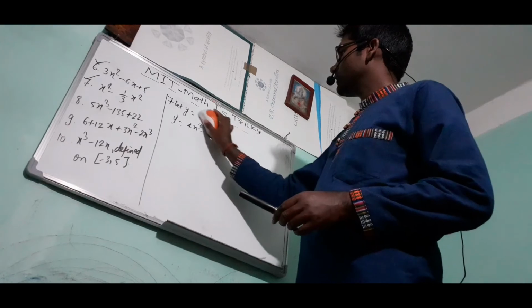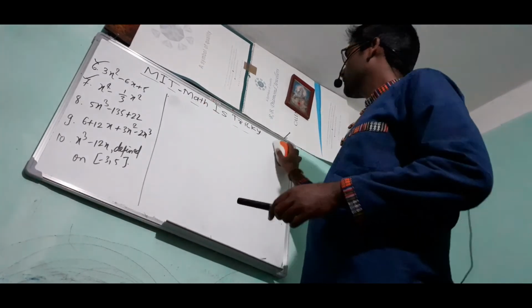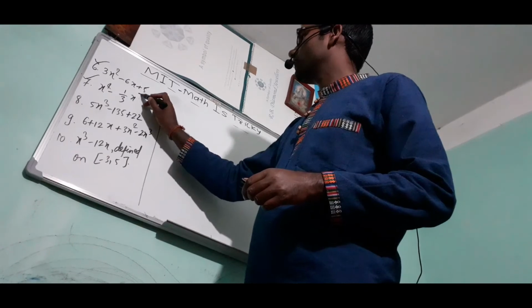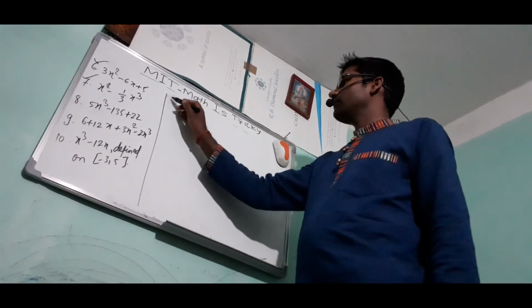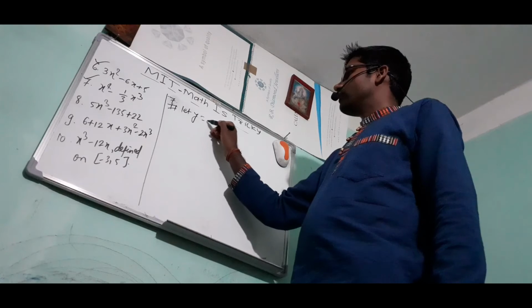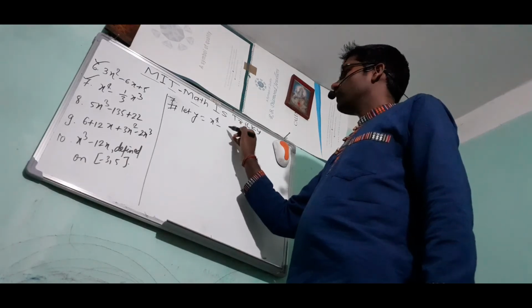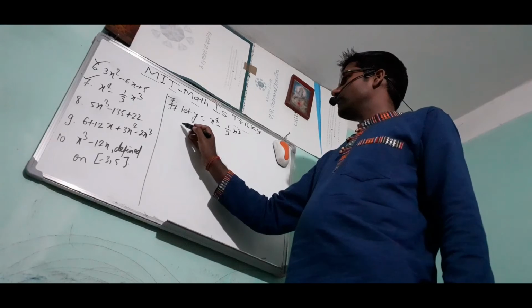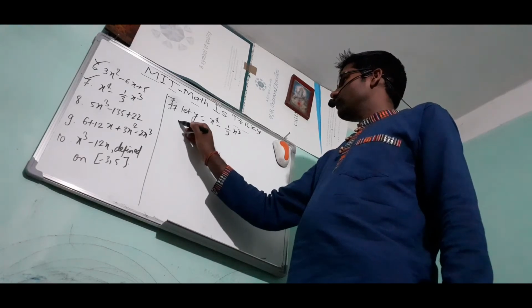Sorry, in this question number 7, it should be x cube. So the first one is x cube. Okay, question number 7. Let's solve question number 7. So let y equal x power 4 minus 1 by 3 x cube. Let's find y dash as before.